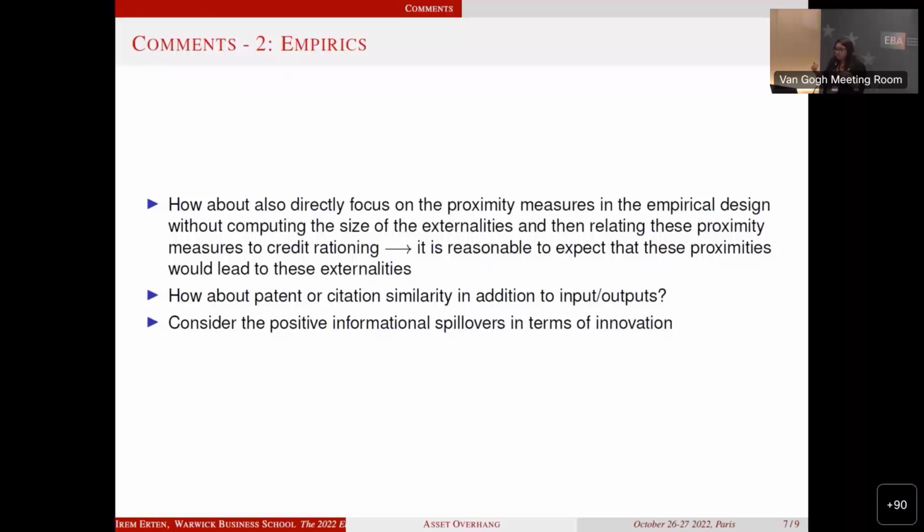So why not focus on these proximities both in the input and output space before moving to quantifying the externalities? Because it's reasonable to expect that if you have more proximity between the legacy borrowers and the new borrower, then you would have more of this rationing problem.